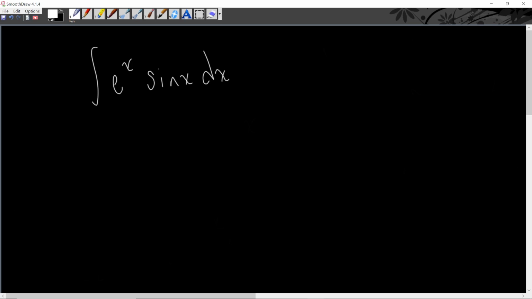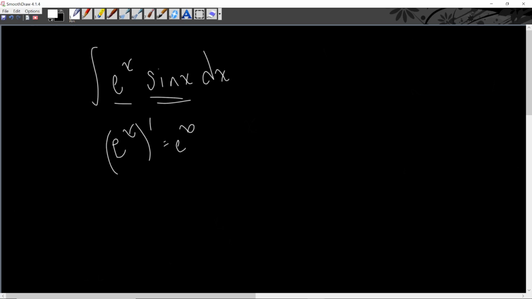Now, which of these is going to be easier to differentiate? That's kind of up to debate. Both of these are relatively normal, and you could probably use either of these as your u, and you'd get a relatively simple derivative or antiderivative, because again, the derivative of e to the x is just going to be e to the x.